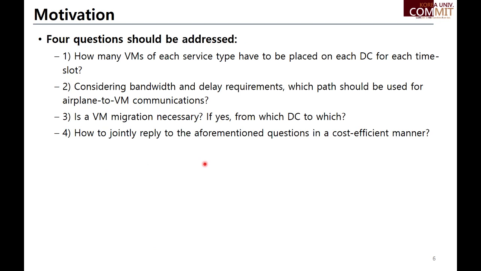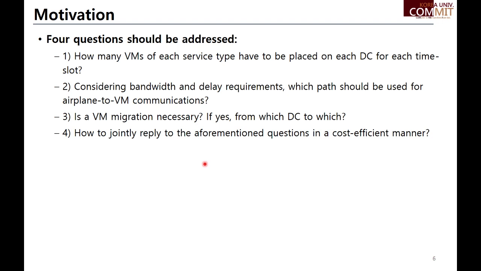Third is, is virtual machine migration necessary? If yes, from which data center to which? And last, how to jointly reply to the aforementioned questions in a cost-efficient manner.